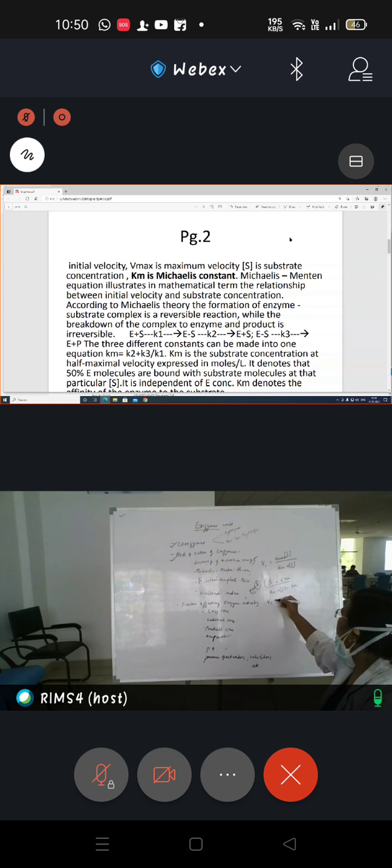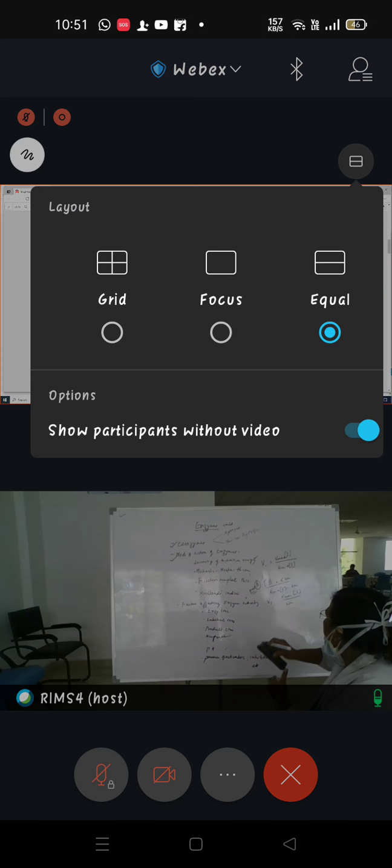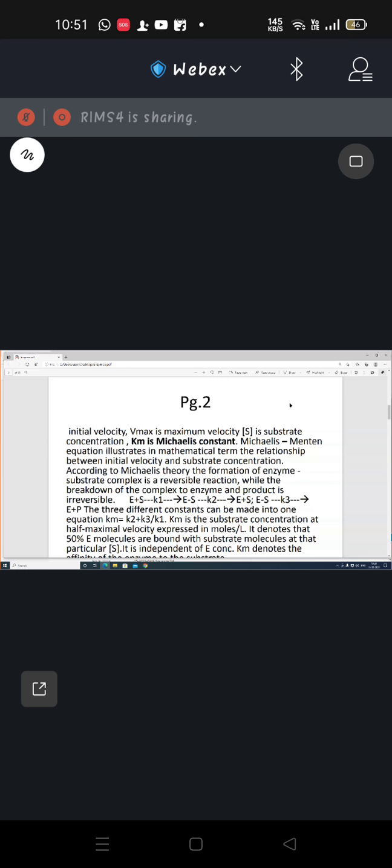So again, putting the values, the initial velocity is equal to Vmax times S by Km, and Vmax by Km is approximately a constant.